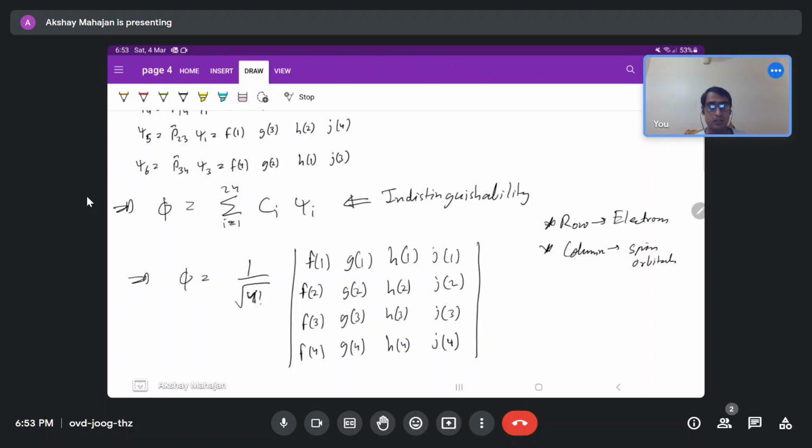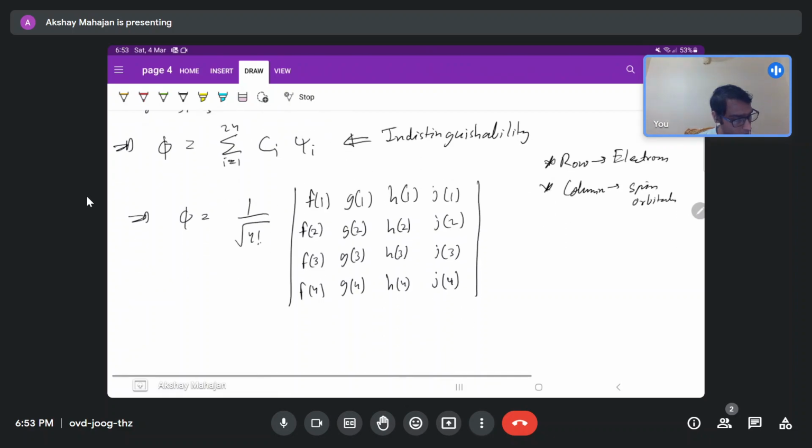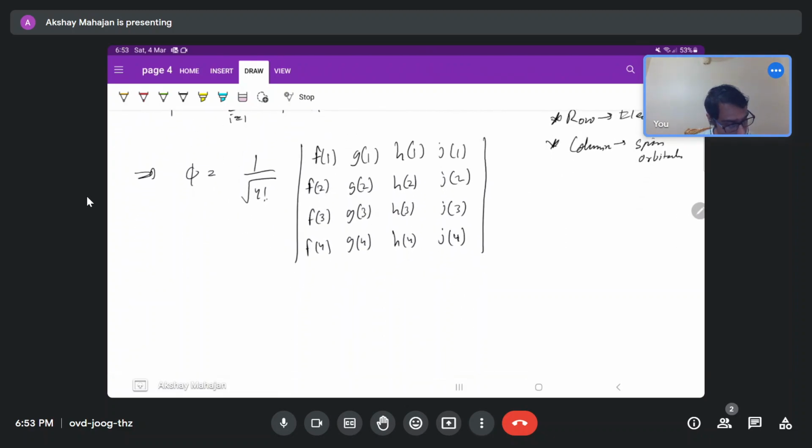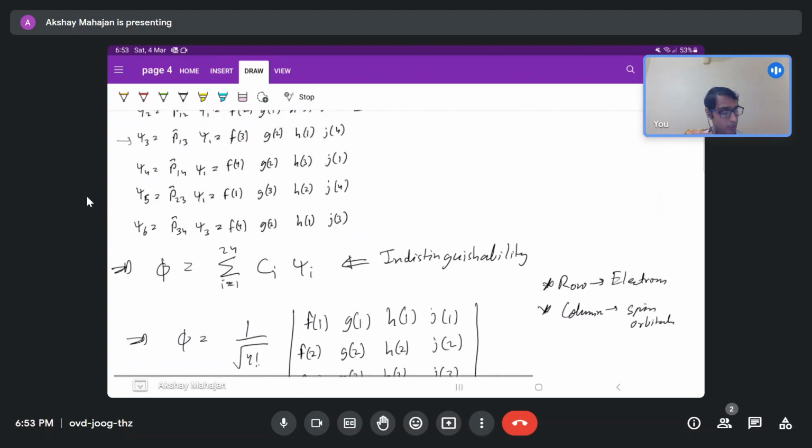Alright, so this will be our Slater determinant for the electron wave function. And now for the anti-symmetry part. Anti-symmetry means that if we interchange 2 electrons, if we interchange electron 1 and electron 2, then there will be a minus sign.